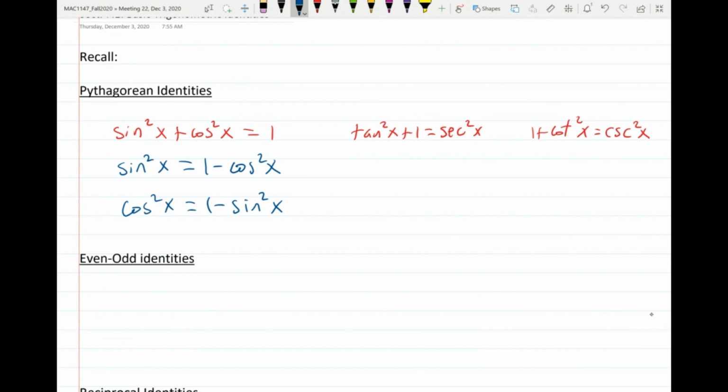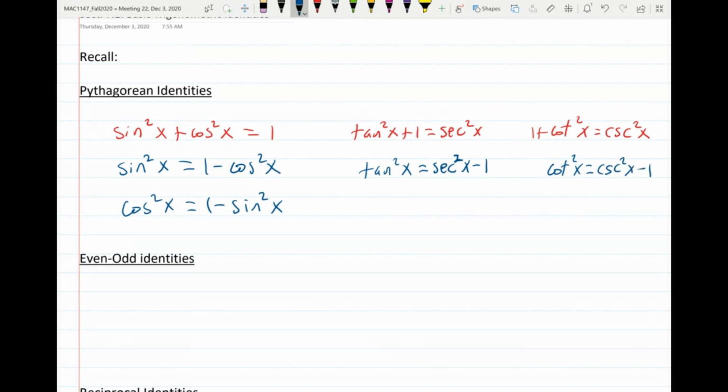Following the same ideas on the others, this is how you write secant in terms of tangent, but you can also write tangent. So tangent squared is secant squared minus 1. You're going to be using this a lot in calculus 2. This identity is going to be popping up left and right. And then cotangent squared is cosecant squared minus 1. So these are the Pythagorean identities.